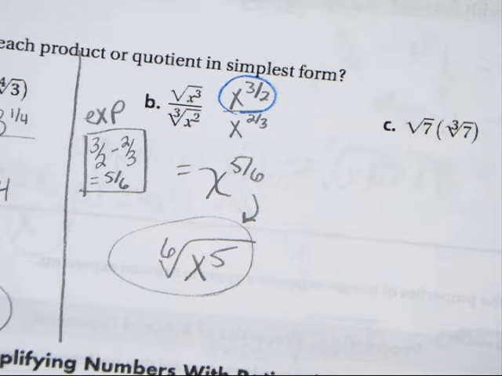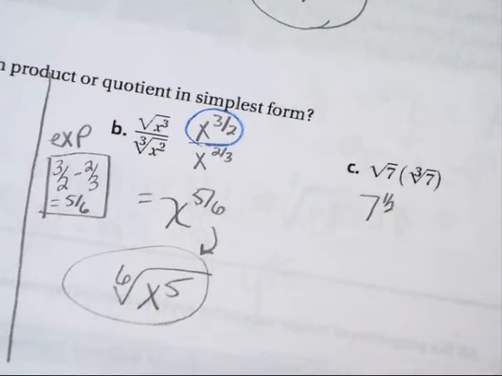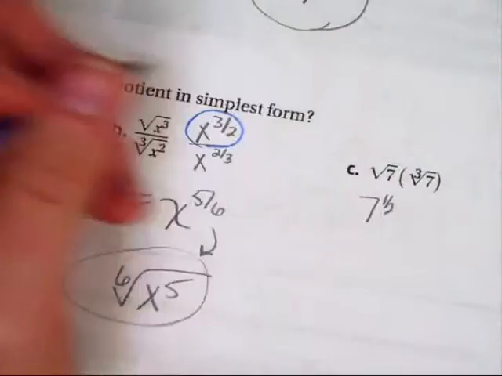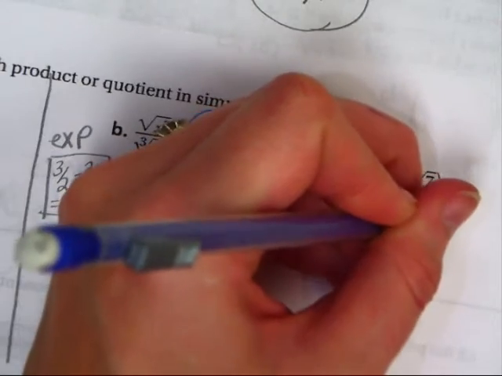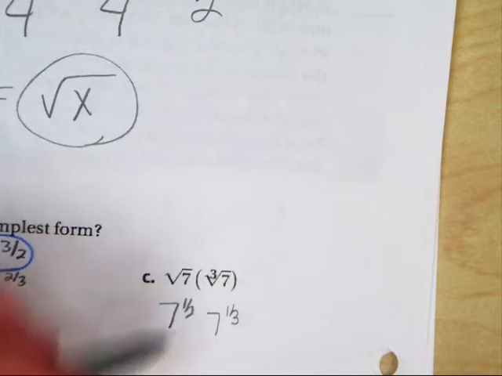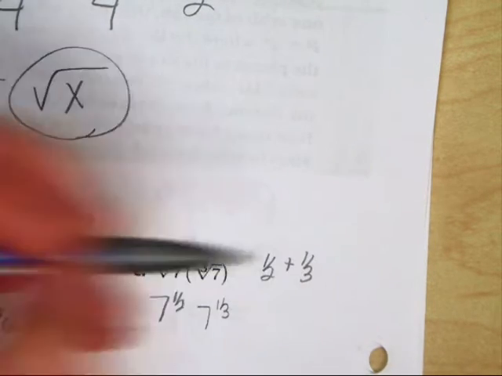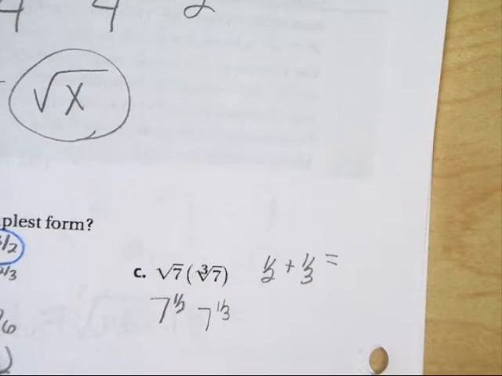Try setting up the next one without looking. Alright, did you change the square root of 7 to 7 to the 1/2? Did you change the cube root of 7 to 7 to the 1/3? They're on the same level, so for my exponents, I'm going to do 1/2 plus 1/3. 1/2 plus 1/3 is 5/6.